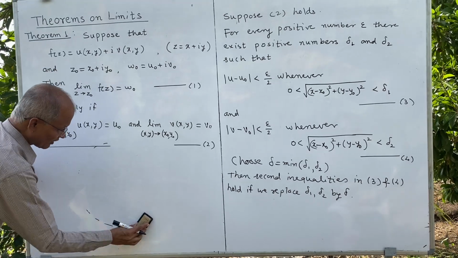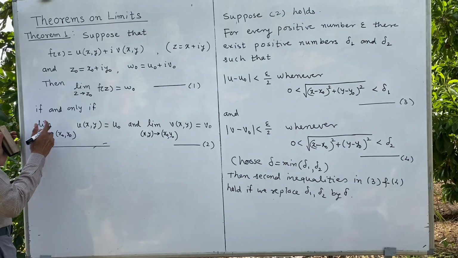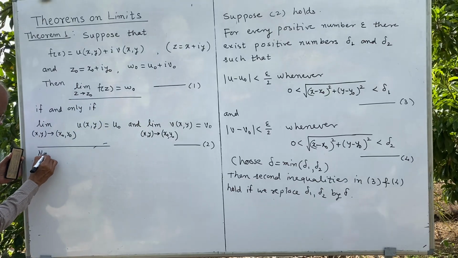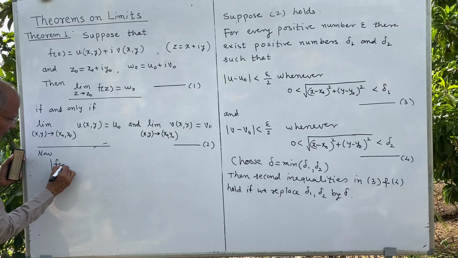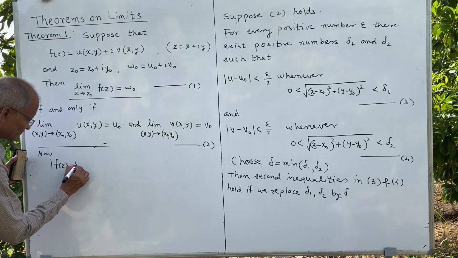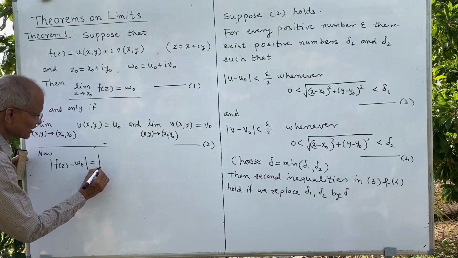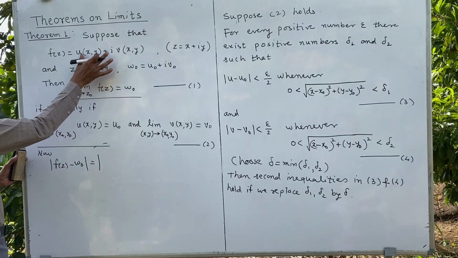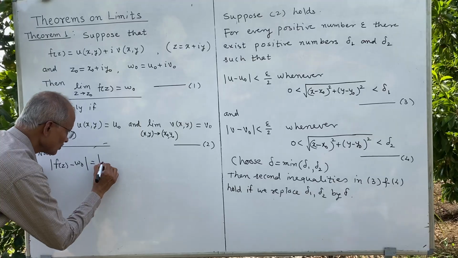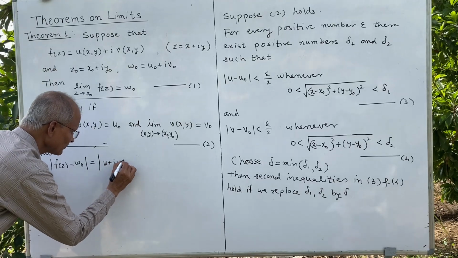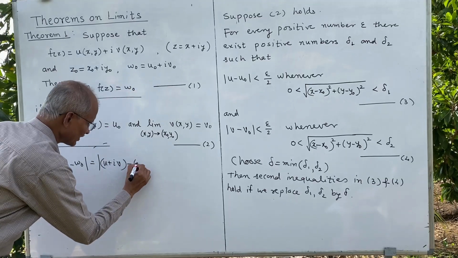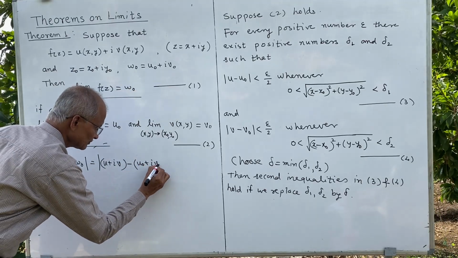Now, we want to show this limit, that means this one, we have mod of f of z minus w naught, and what is f of z? F of z is u plus I into v, we are writing in short this as u and this as v. So, u plus I v, and w naught is u naught plus I v naught.